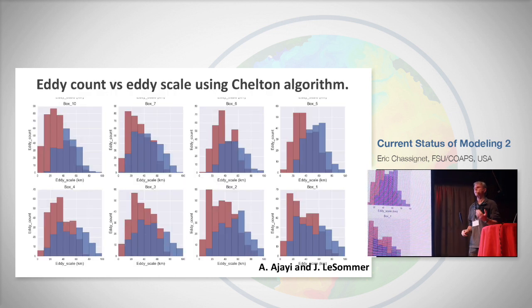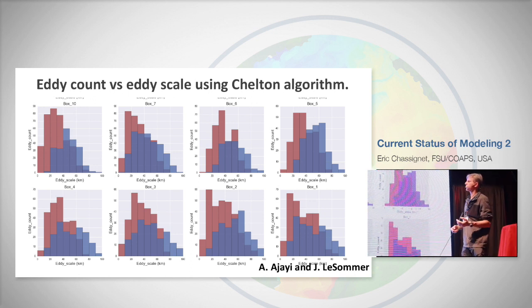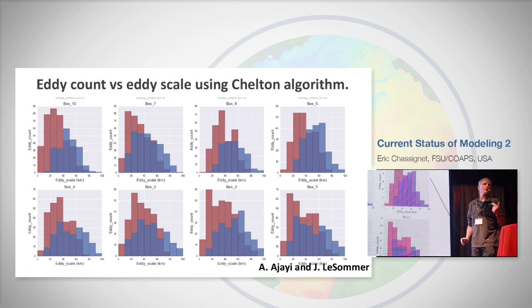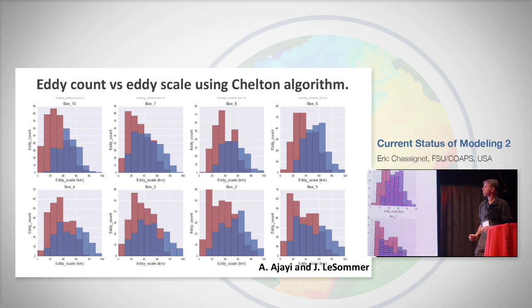Where there is a difference that we're trying to understand a bit better, is it due to the choice of subgrid-scale closure or the vertical resolution, is the number of eddies versus their size.